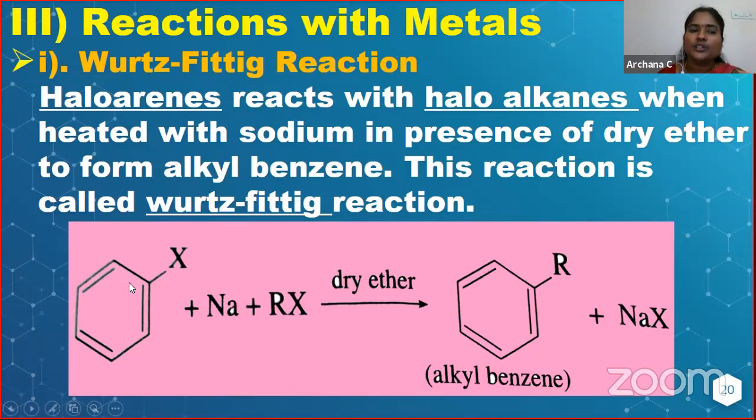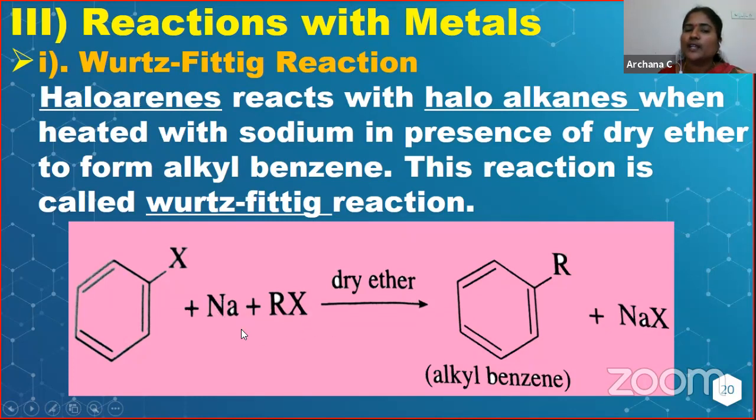What is meant by the Wurtz-Fittig reaction, see children? When haloarenes react with haloalkanes with which metal? Sodium metal in the presence of dry ether. What is the product we are getting? Alkyl benzene, plus sodium halide, which is removed as NaX.